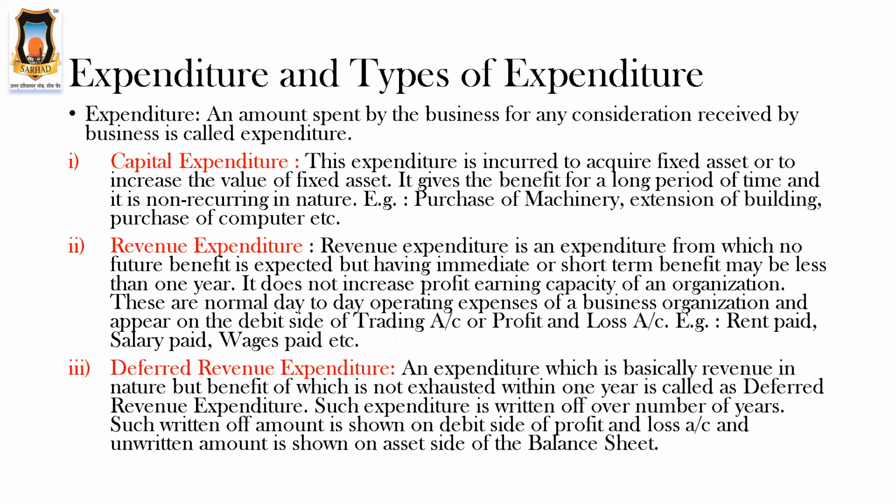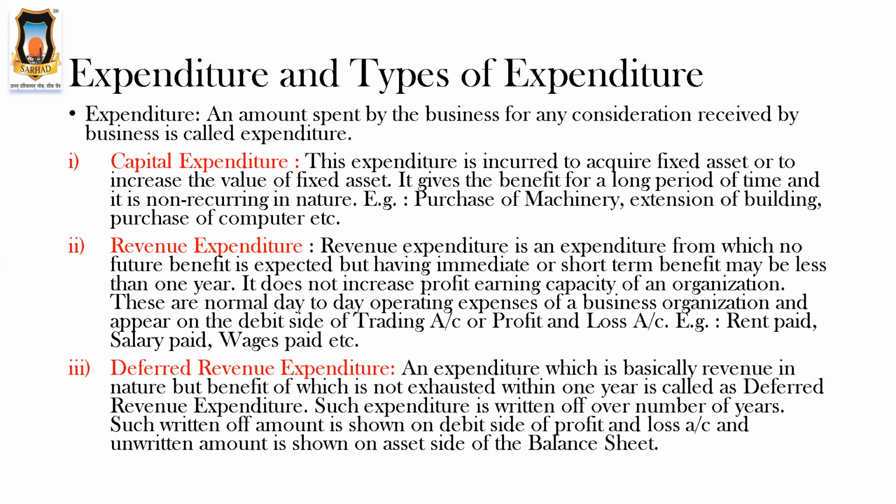Okay, so expenditure is divided into three parts. First is capital expenditure, that is, expenditure incurred for acquiring fixed assets. Then revenue expenditure. These are the routine expenditures, from which a short-term benefit is obtained.